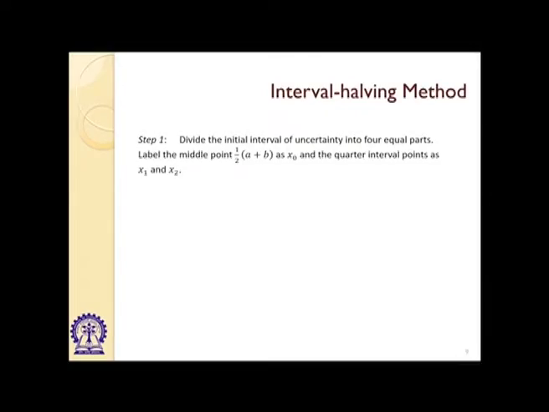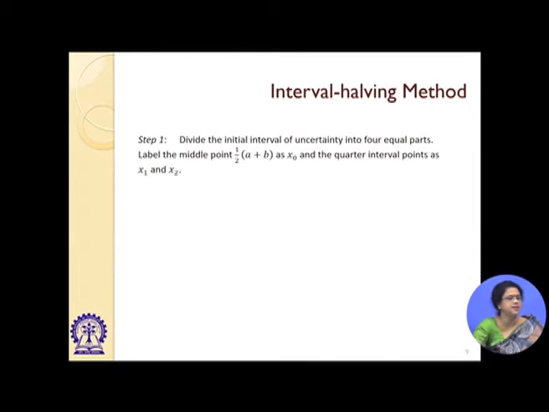Initially, you take the left point of the interval and the right point of the interval, and in between, equally spaced, you place 3 points, so that the whole interval can be divided into 4 parts.